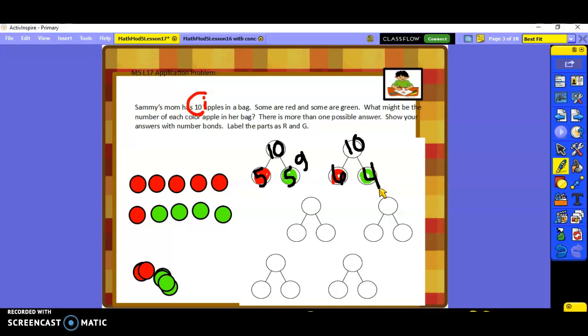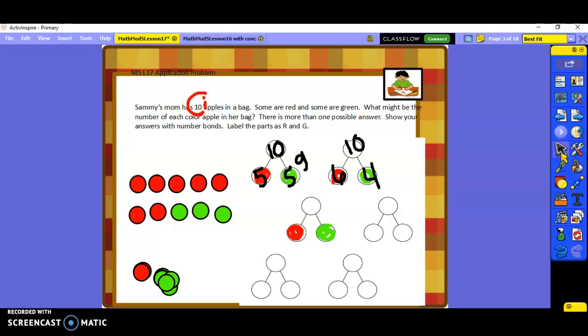Very good. Miss Nakhan is going to do one more with you, and then I'm going to challenge you to think of some different ways that you could have the number 10. All right. I'm going to show you one more way that we could have 10. Yes, very good. Look at Miss Nakhan's parts now.